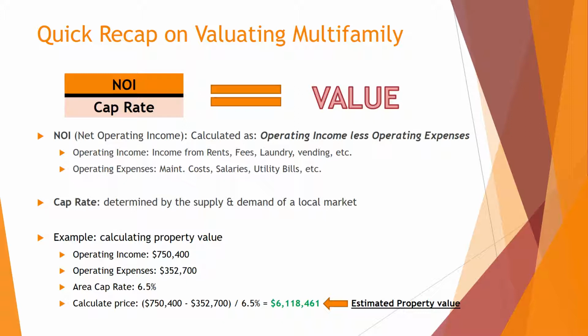So it's simple math: 750,000 less 352,000 divided by 6.5%, which gives us a roughly $6.1 million property value. So that was a quick recap. If you want more details about evaluating multifamily properties, we have a full video on our YouTube channel just about this. You can find our YouTube channel by going to youtube.ebgtx.com. The address will be at the end of this presentation.